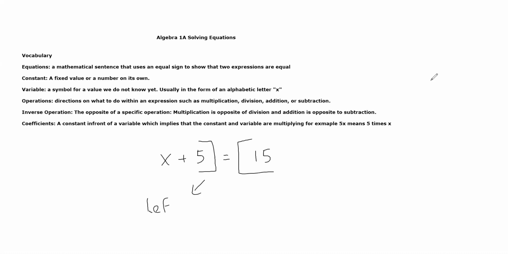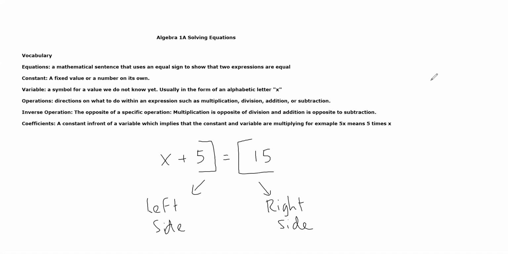You're going to see me say this a lot, and I want you to understand what this means. The equal sign is always going to be in the middle. To the left of the equal sign is the left side of the equation, and the left side currently has an x plus a 5.